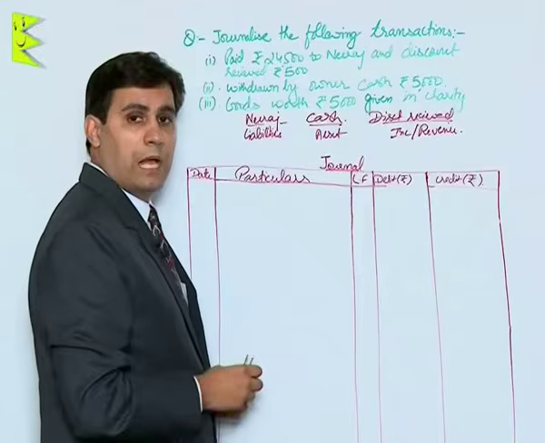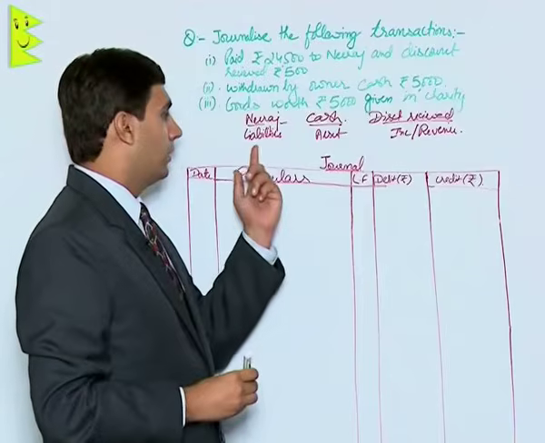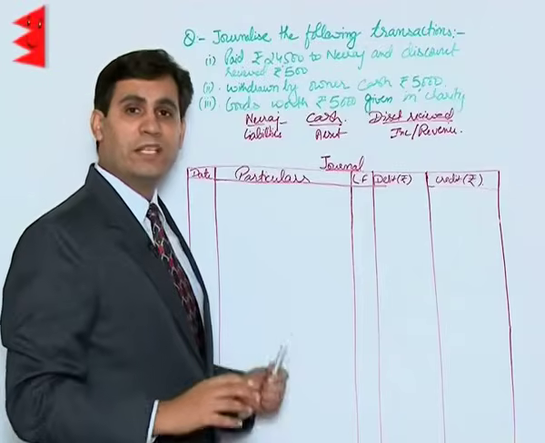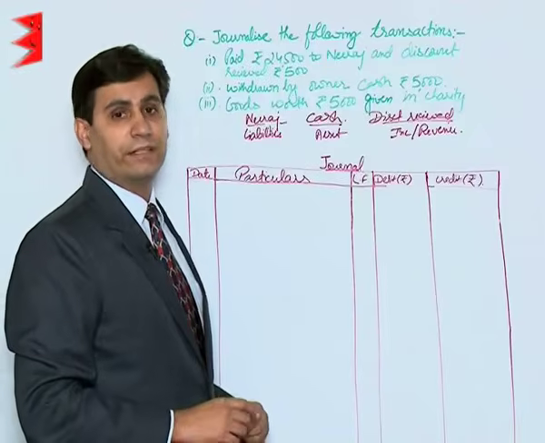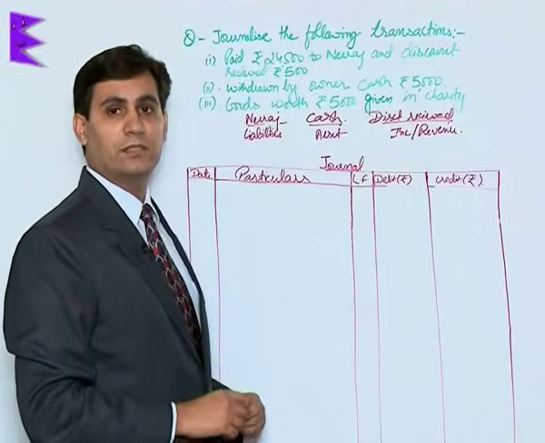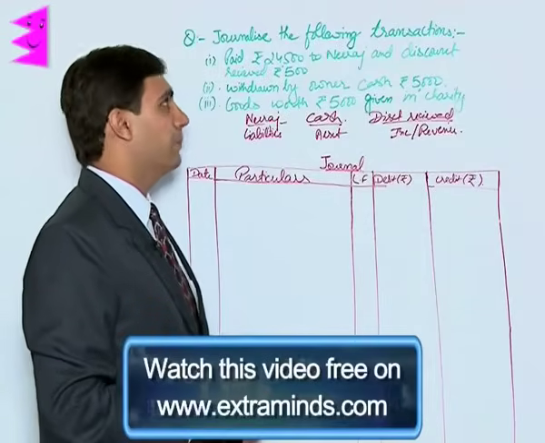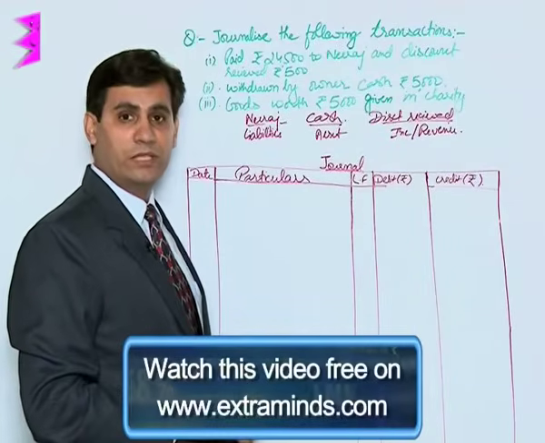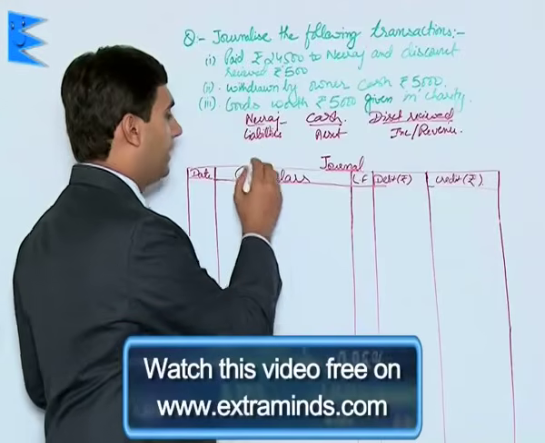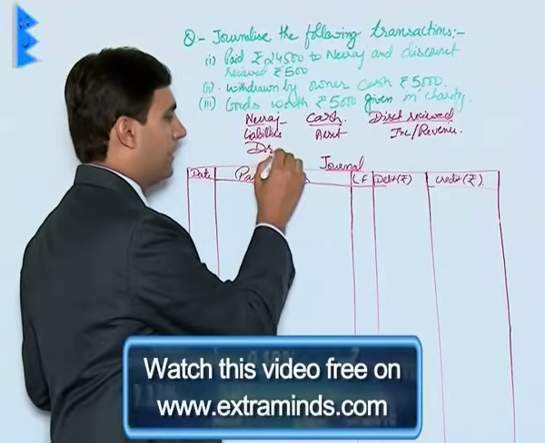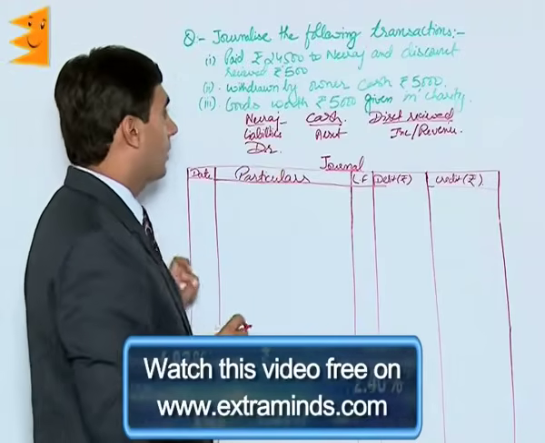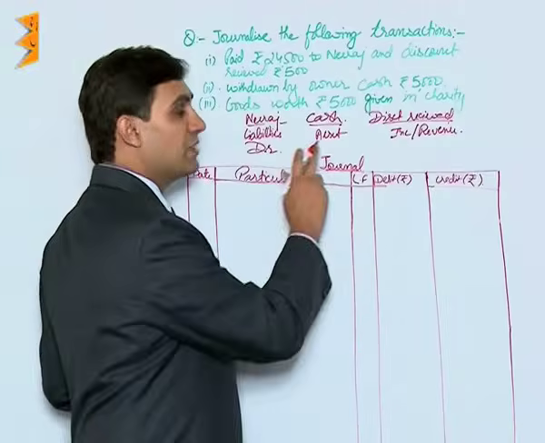Now students, applying the rules, liabilities. If the liabilities are increasing, they should be credited, and if they are decreasing, they should be debited. Now in this case, the payment is being made to Neeraj. That means liabilities are decreasing. So hence debit. Cash is an asset.